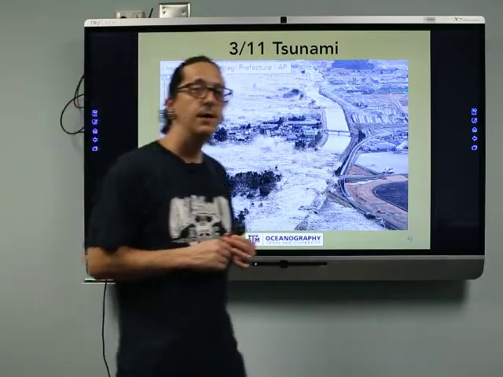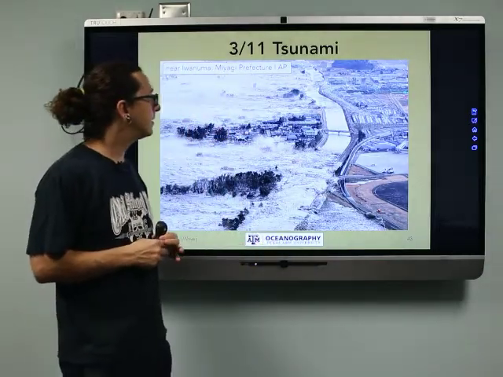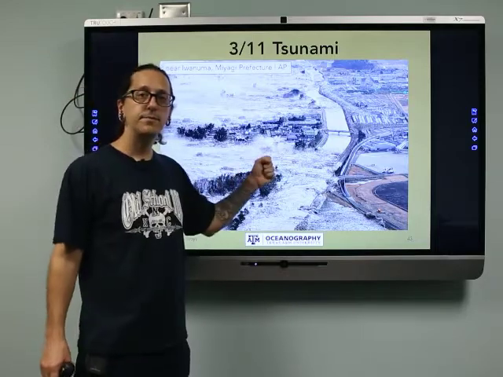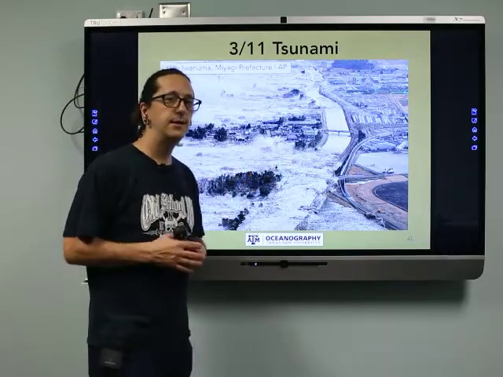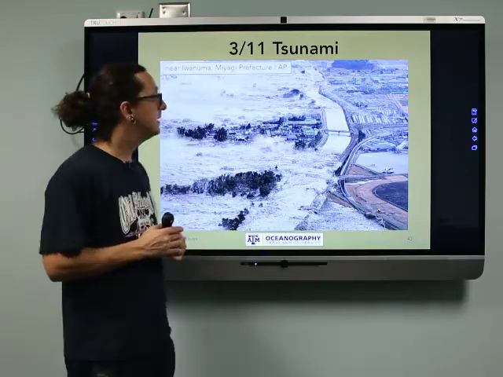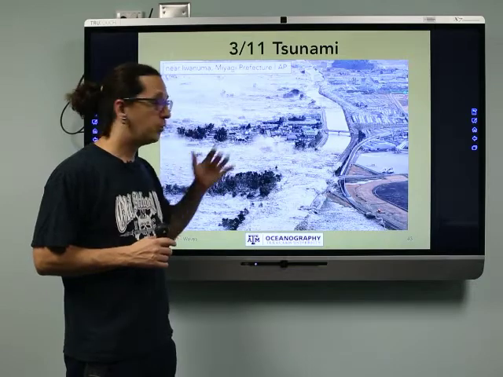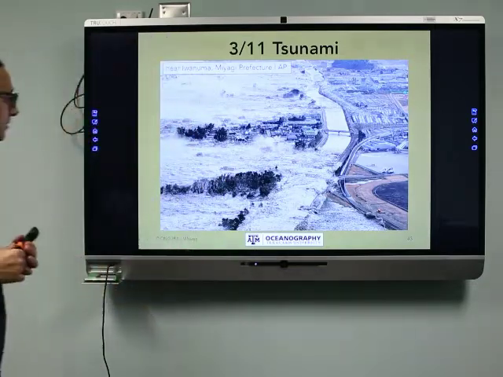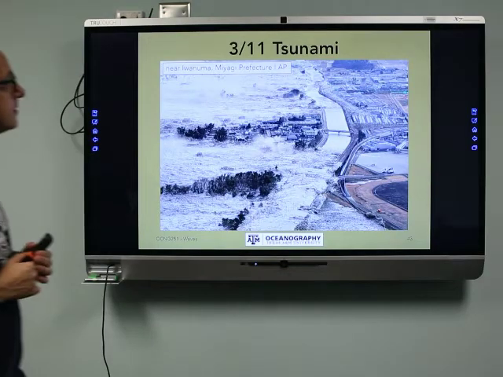You can't prevent them. It's just the nature of living on this planet. There was another one of these on September 28th, and there's a lot of news coverage of that. If this is something that interests you, or if you want to give money to relief efforts for such an event. So that is the end of this chapter.